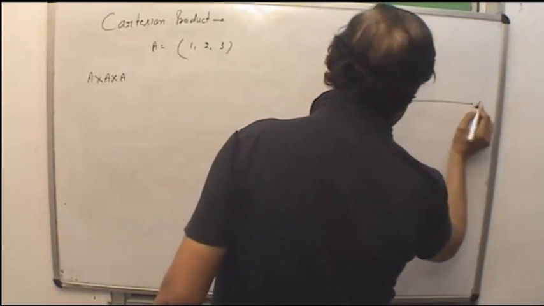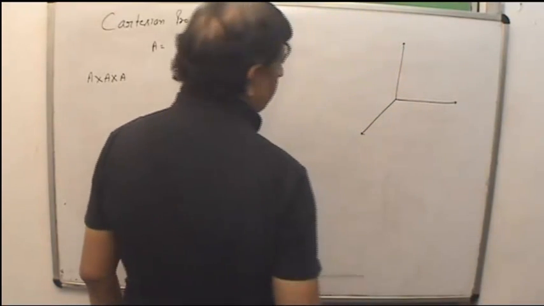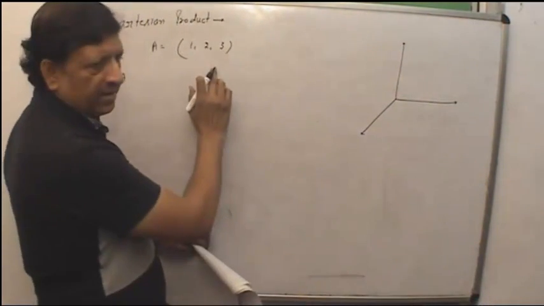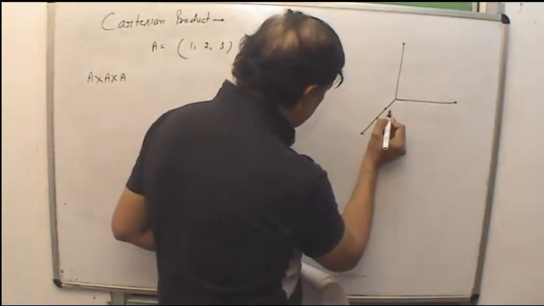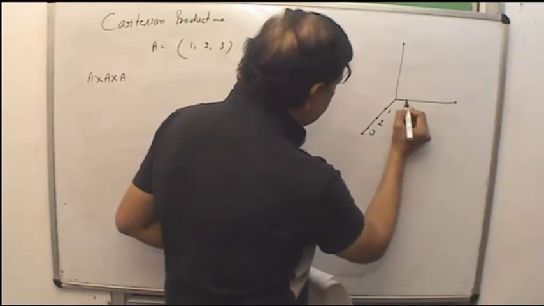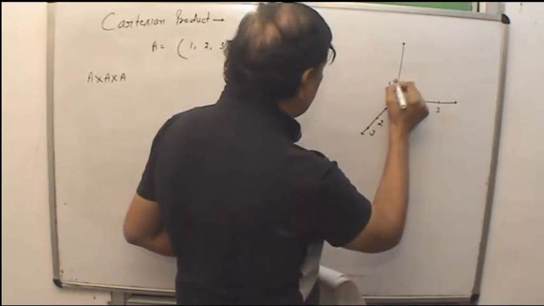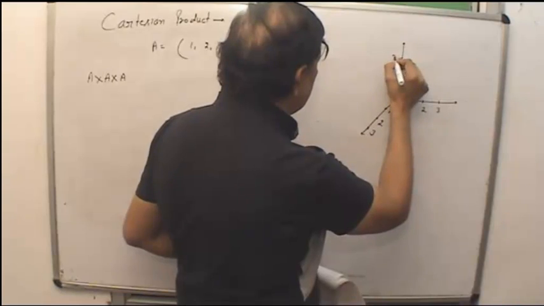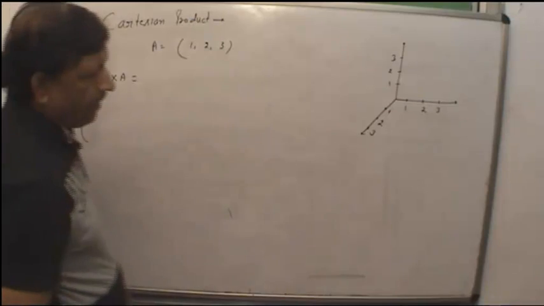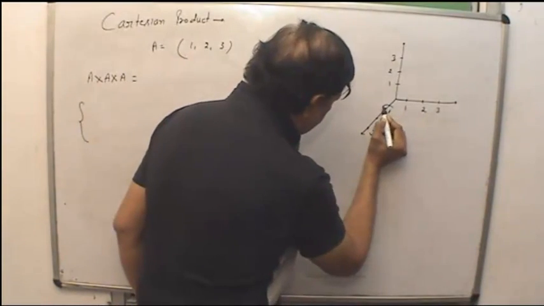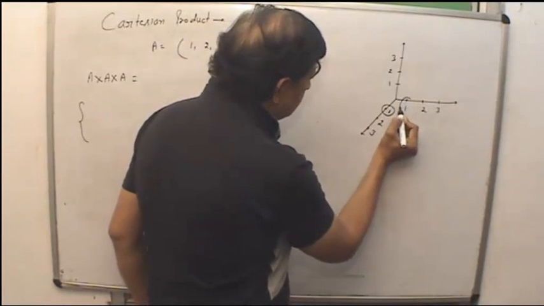We draw the three axes, where we write the elements like this: 1, 2, 3 on each axis. Now we start writing. Start with this one, then this one.